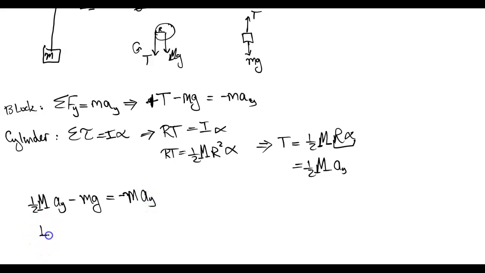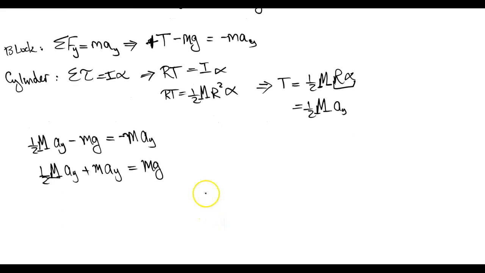So we can say that 1/2 big M a y plus little m a y equals little m g. If we separate what we're looking for, we want the acceleration, so let's factor that out. We get a y times 1/2 big M plus little m equals little m g.